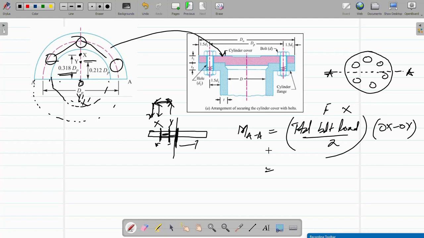Okay, we have to find this value, total bolt load.